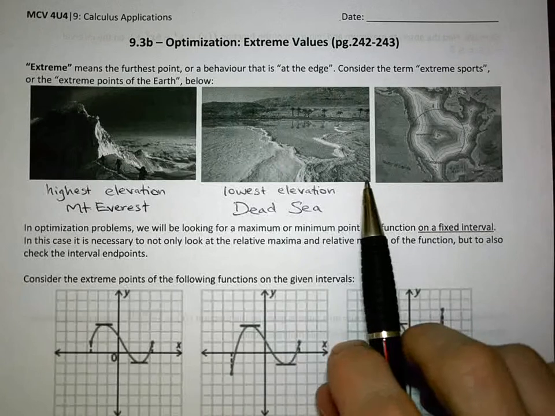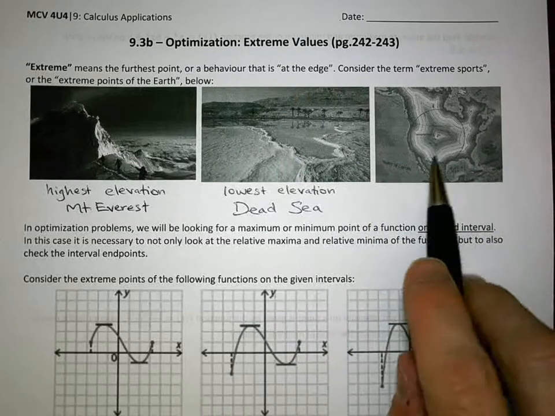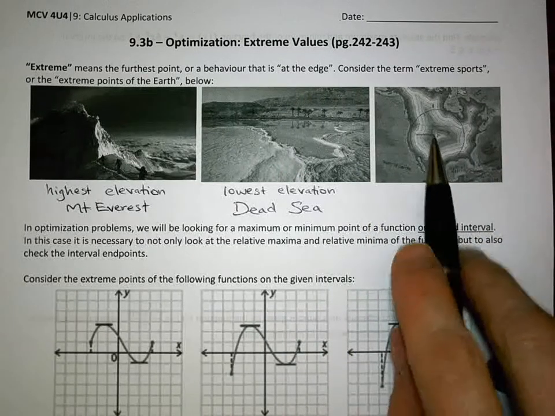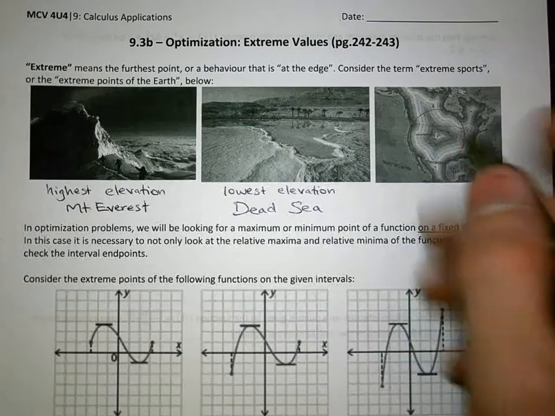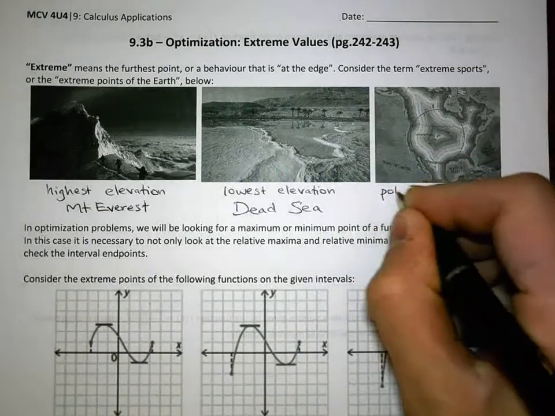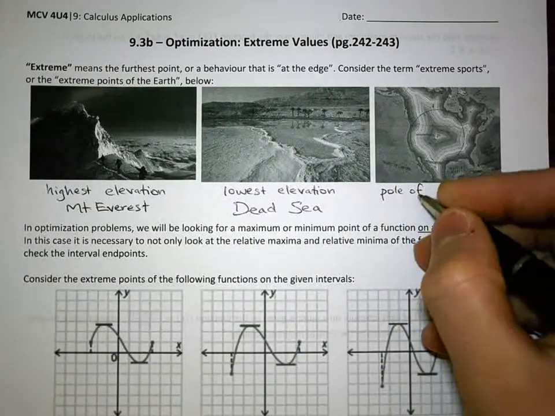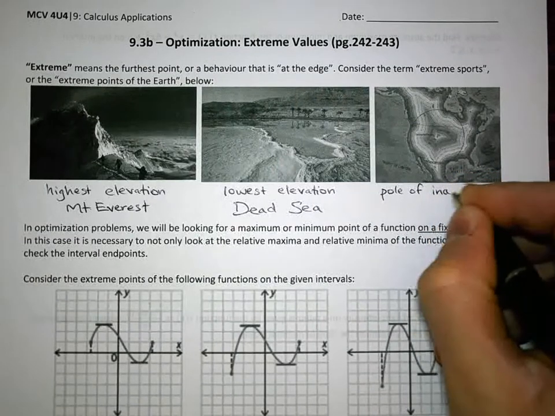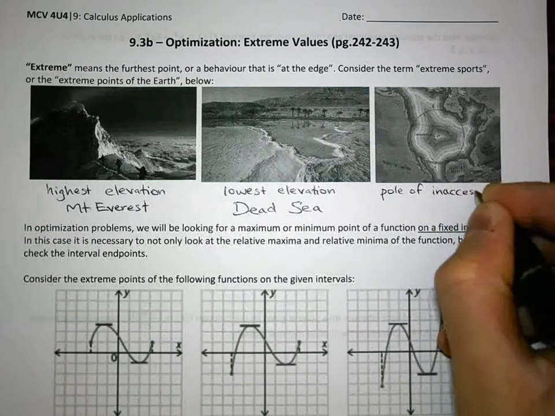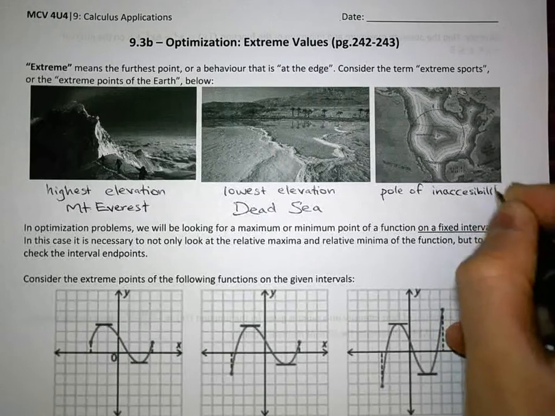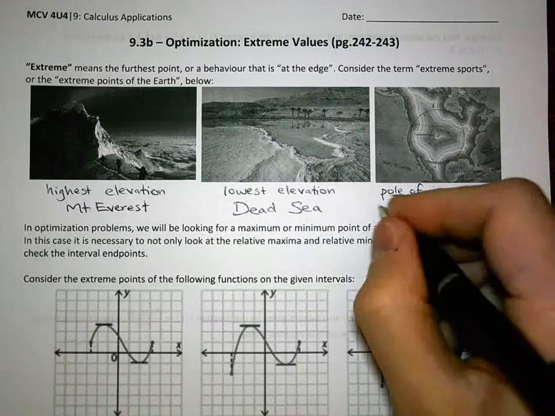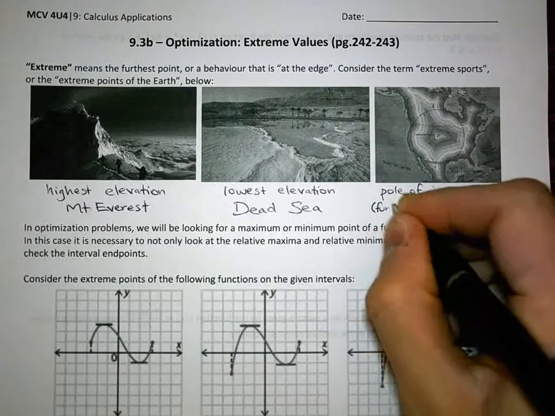There's another extreme point, there's a few of them on Earth, and you can see it depicted here for North America. This is the pole of inaccessibility, and that is the furthest point from an ocean.